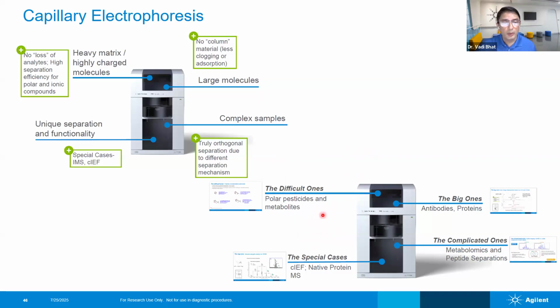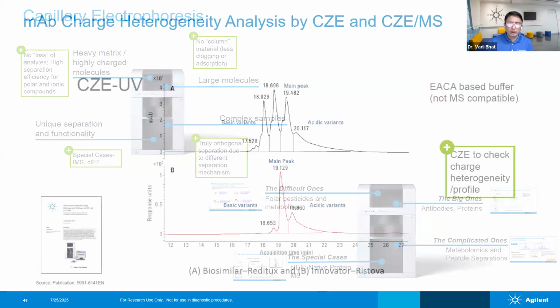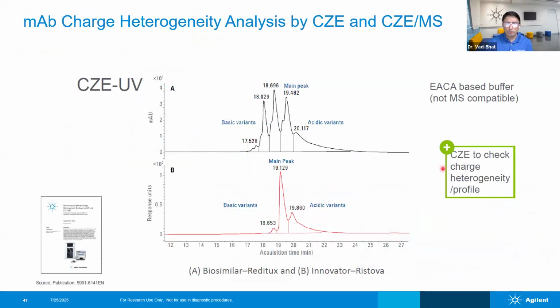And sometimes, even in heavily glycosylated forms, it separates better in capillary electrophoresis compared to liquid chromatography. Okay, now this is giving an example of a CE approach with UV based detection, looking at both mass spectrometry and non-mass spectrometry for two different molecules.